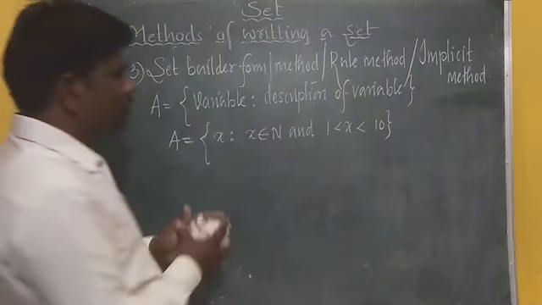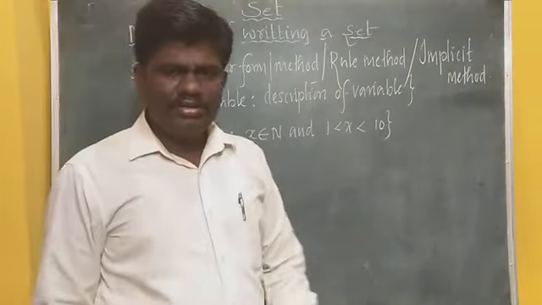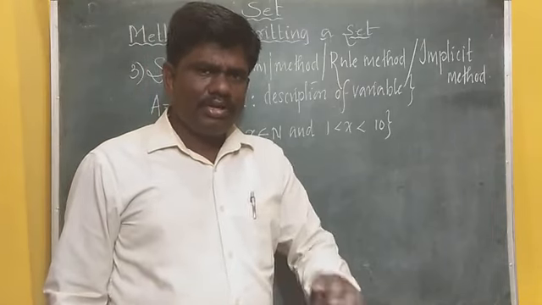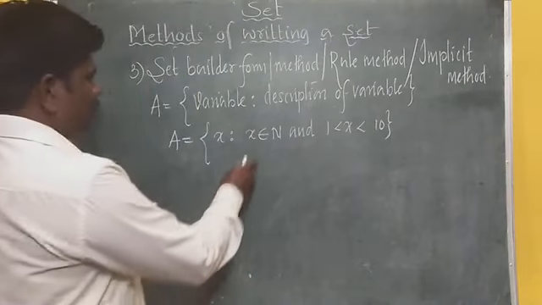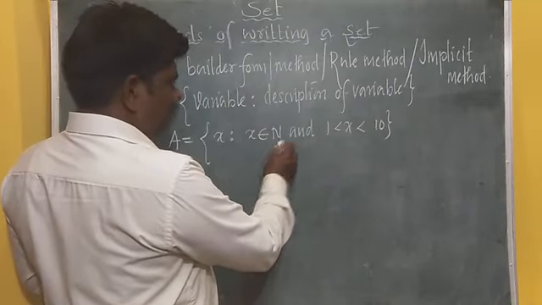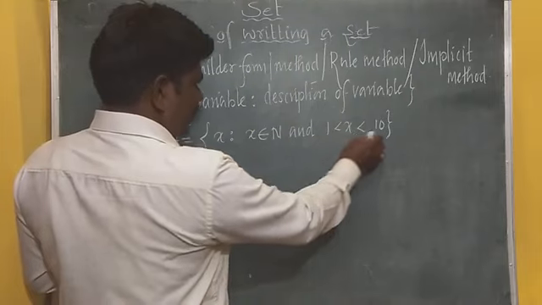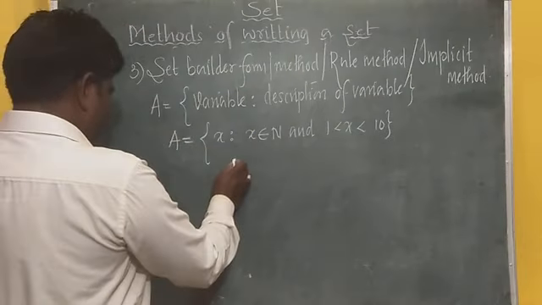So if you put this condition, I think the reader will now understand what numbers to write, right? First of all, x is a natural number and x is greater than 1 and less than 10.